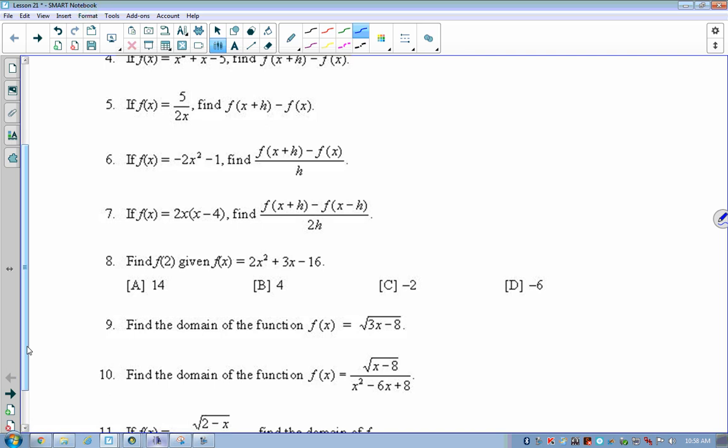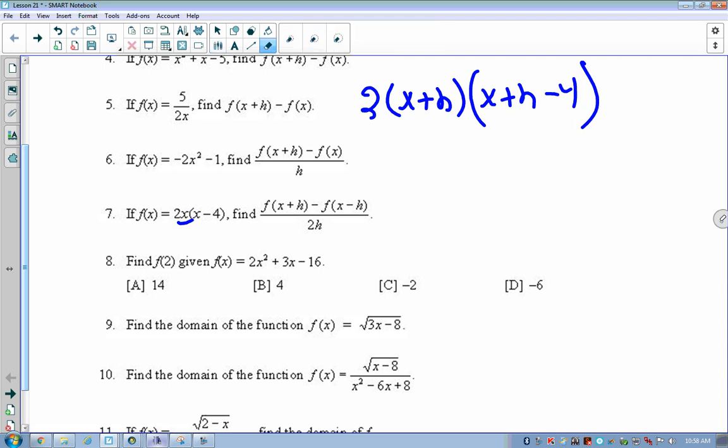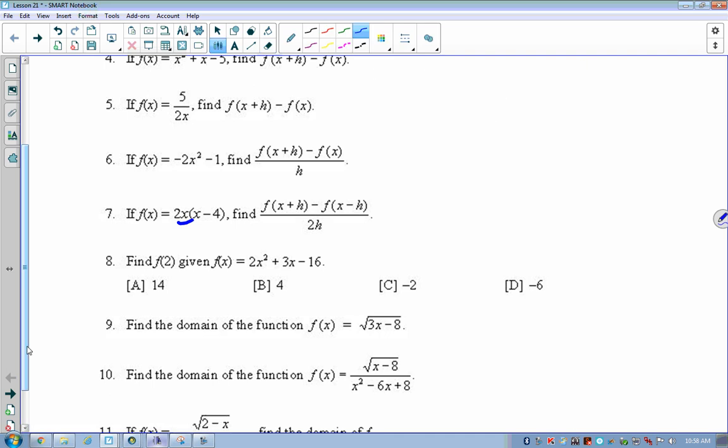So we have 2 times x plus h, that's this x times x plus h minus 4, right? Yes? My handwriting's really too big to make this work, so I'm going to write this a little bit smaller. 2 times x plus h times x plus h minus 4.